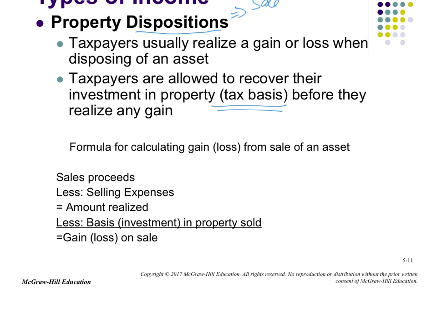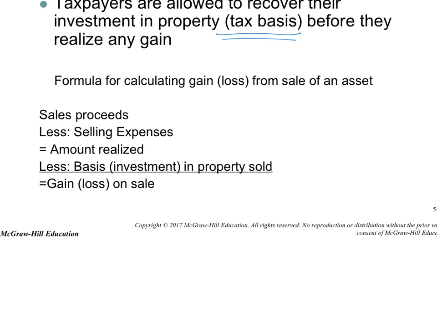So here is the formula for calculating the gain or loss from the sale of an asset. And you're going to look at this and go, well, yeah, this is how we calculated gain or loss for financial accounting. Yes, it is, okay? So sales proceeds, right?